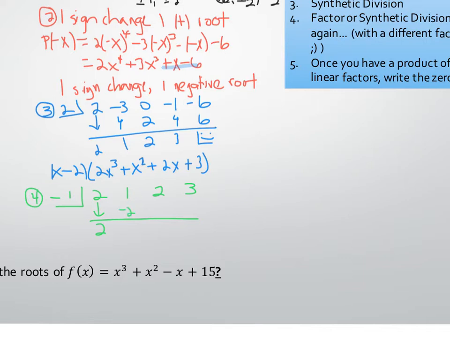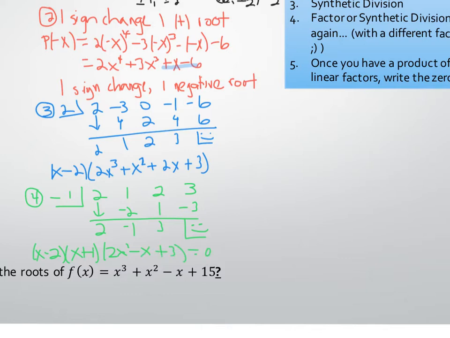And -2, 1 plus -2 is -1. -1 times -1 is 1, 3, -3. And guess what? It worked. So remember our factored form. We had the x minus 2. Now we have an x plus 1. If I take an x to the 1st and divide into x cubed, we do have 2x squared minus x plus 3.